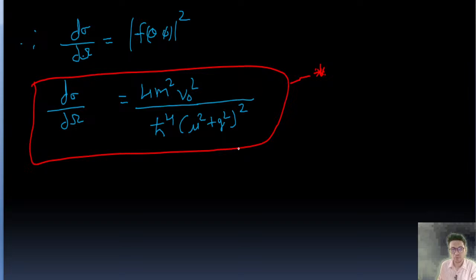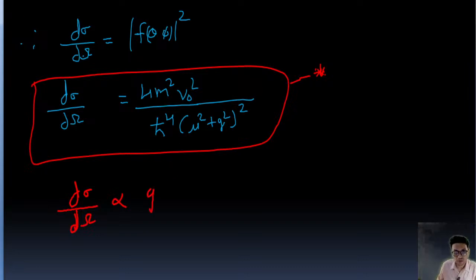Now from here you can see d sigma upon d omega is proportional to 1 upon q to the power 4.